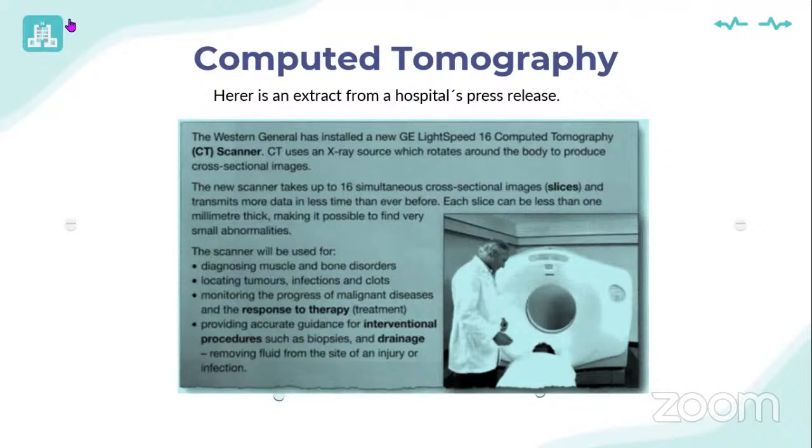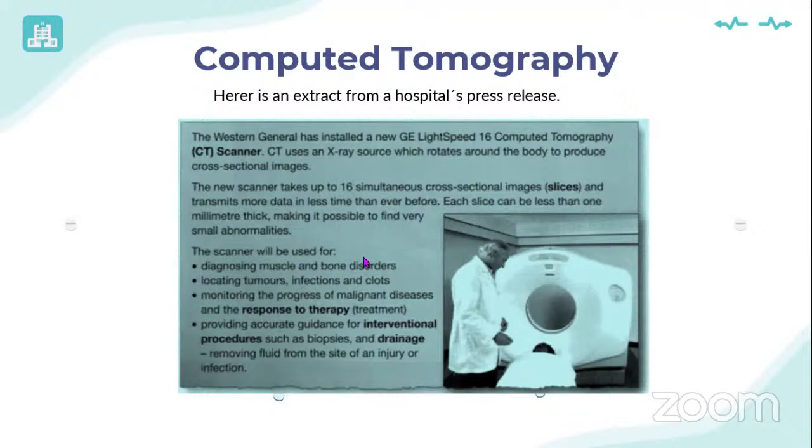The new scanner takes up to 16 simultaneous cross-sectional images or slices and transmits more data in less time than ever before. Each slice can be less than 1 millimeter thick, making it possible to find very small abnormalities.